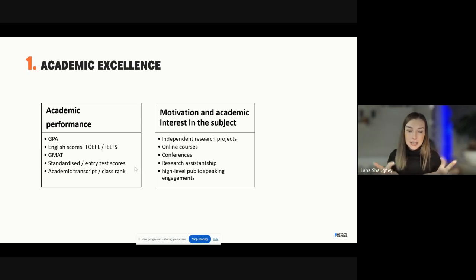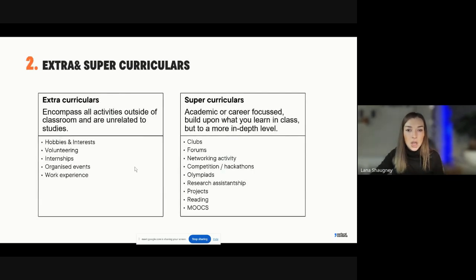Saying that gives background context and shows a lot more than just saying I got a 9 out of 10. Giving that context is really important. Also, some students show their motivation and academic interest in the subject area through things like independent research projects, online courses, or conferences. These could be part of their curriculum, or additional. That's their academic excellence.